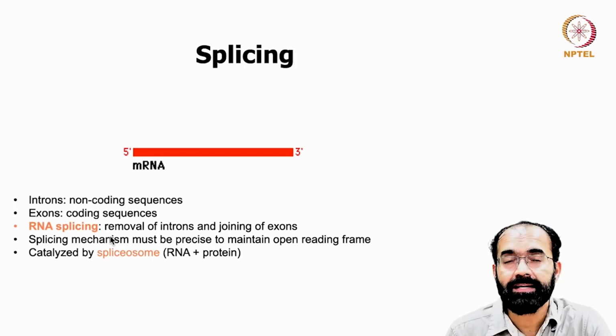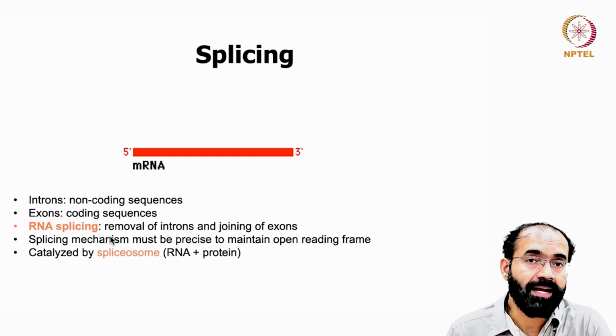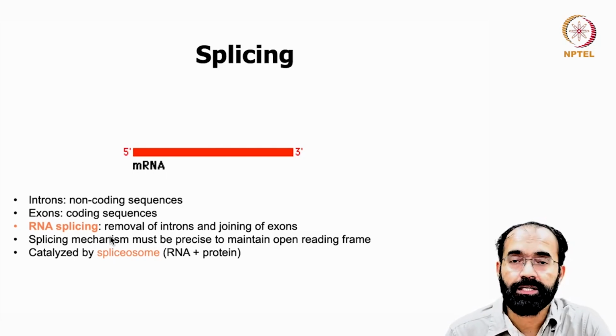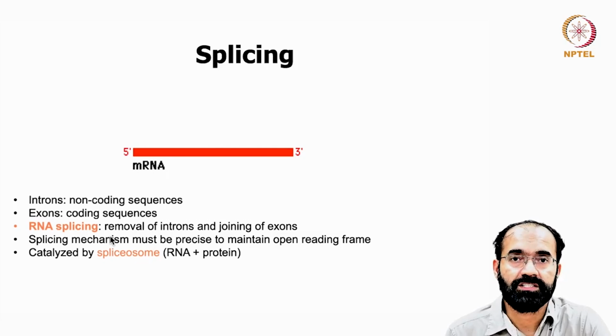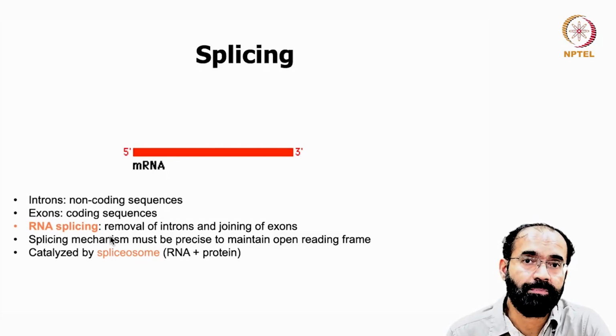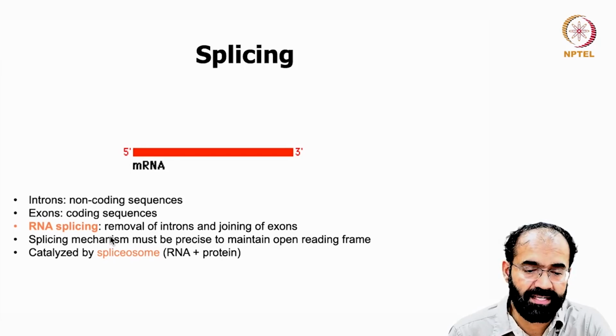Even one base error is not possible, and the reason, you know, is because the coding sequences are in triplet codons. If a triplet becomes a quadruplet or one triplet becomes a duplex, then you have a frame shift mutation. So the precision has to be at the level of a single base. You cannot have one base extra, you cannot have one base less. It has to be so precise.